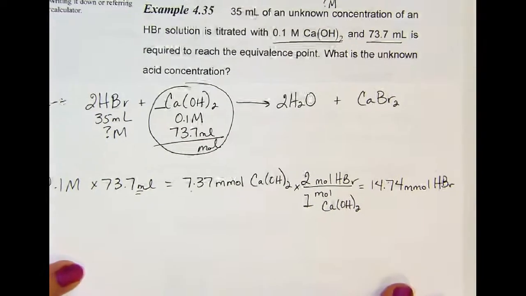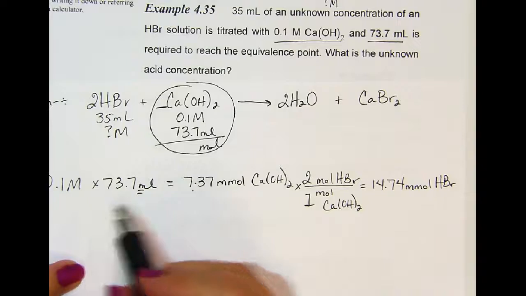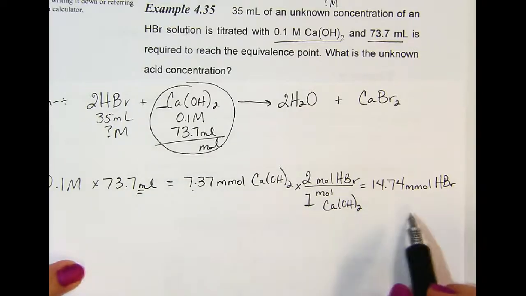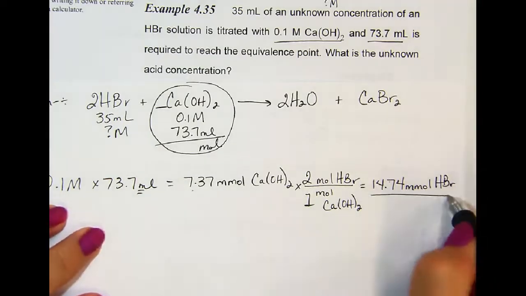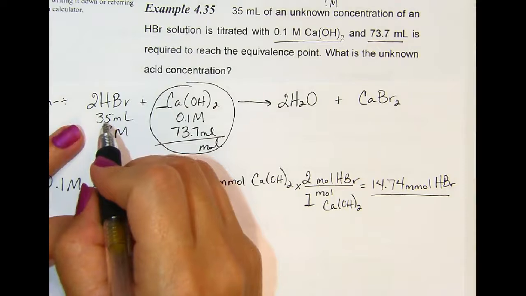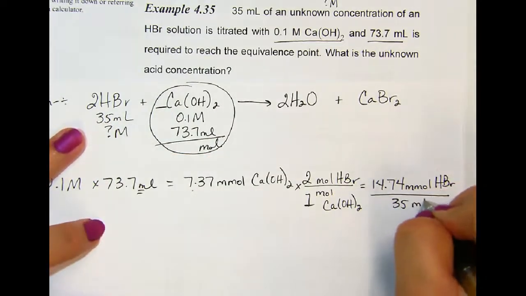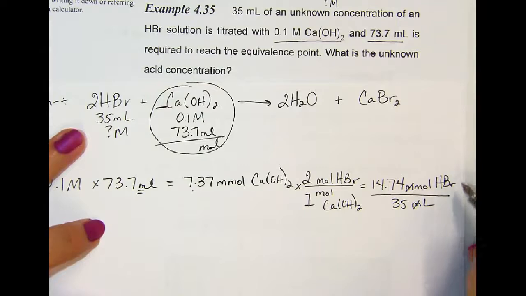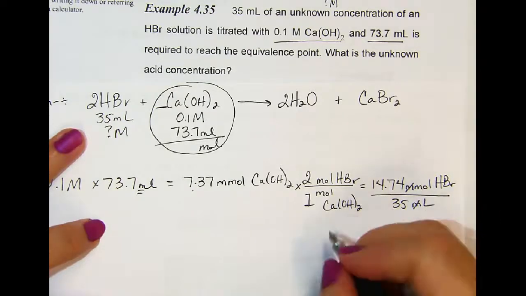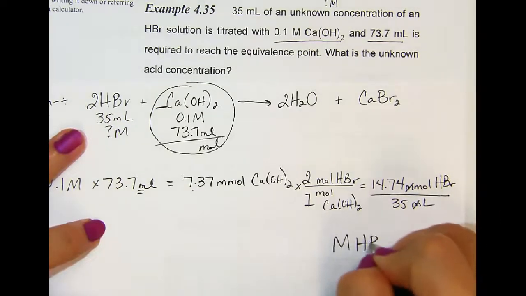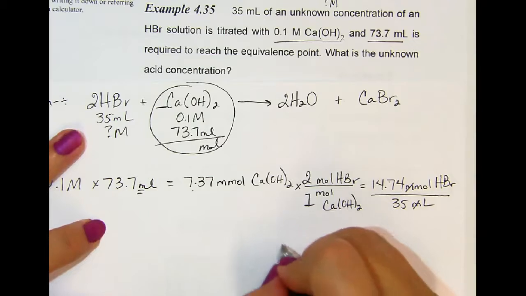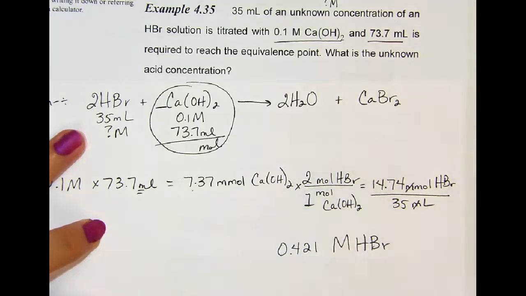So now that I have this, I've done the multiply, I've done the Stoich here, and now what's left is to divide. I'm going to divide my millimoles of hydrobromic acid by the 35 milliliters of hydrobromic acid. Notice what happens. The millis cancel, and I'm left with moles per liter, which is the same thing as molarity of hydrobromic acid. And you should get 0.421.